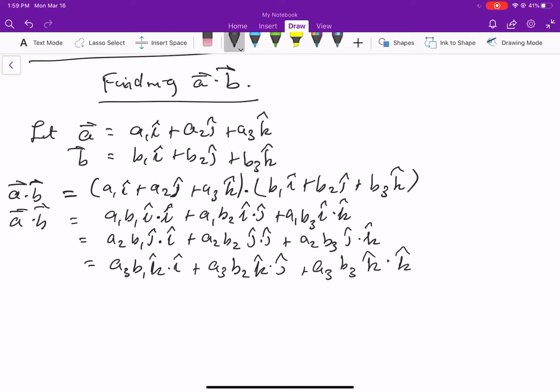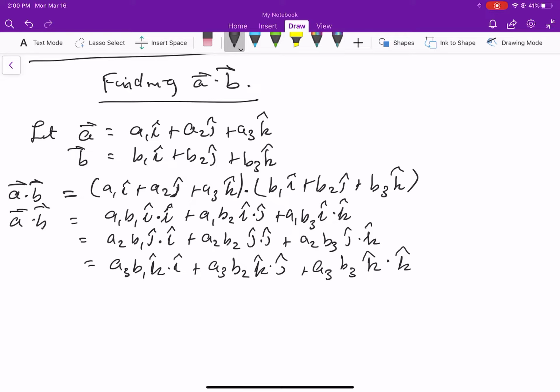Now, if you think about it, what do we know about the unit vectors I, J, and K? They're mutually perpendicular to each other. Unit vector I is parallel to the x-axis, unit vector J is parallel to the y-axis, unit vector K is parallel to the z-axis, and they're all mutually perpendicular. We just learned that when vectors are perpendicular to each other, the dot product is 0.